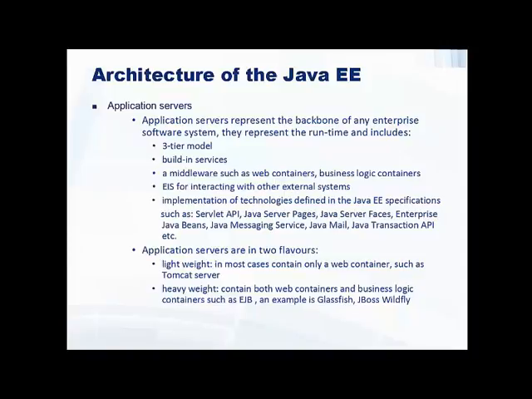In these cases, those application servers contain both web containers and business logic containers. A business logic container from a Java technology perspective is EJB, Enterprise Java Beans. Examples of heavyweight application servers are the Glassfish application server or the JBoss Wildfly application server.